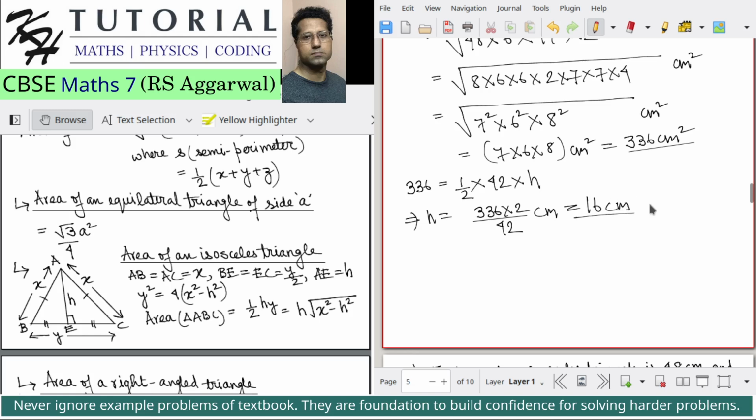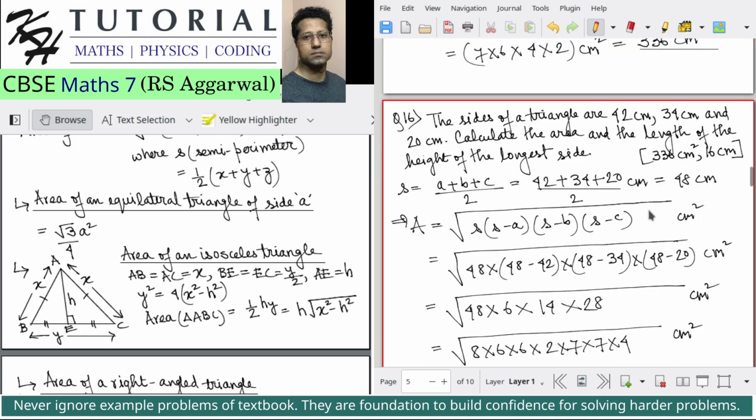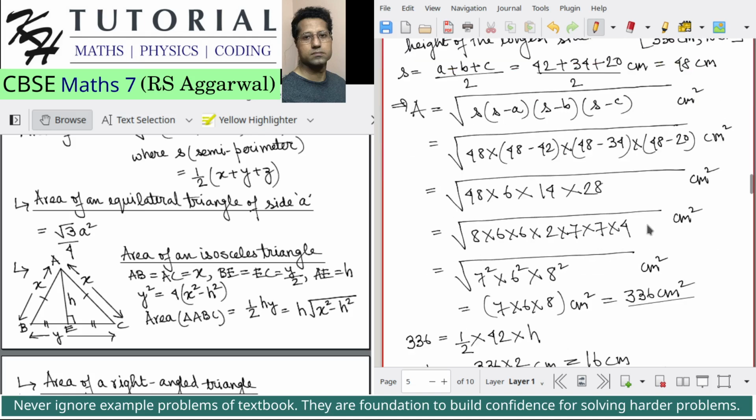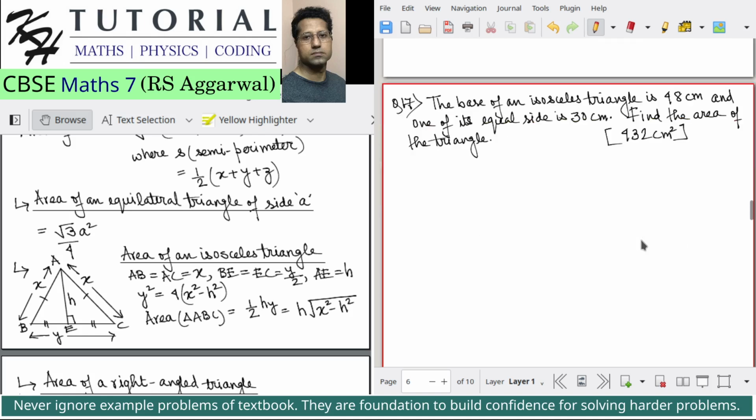So the height is 16 and the area is 336 centimeter square. Okay, let's do the next problem.